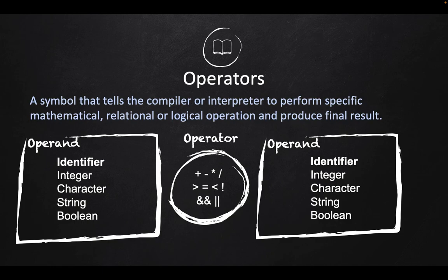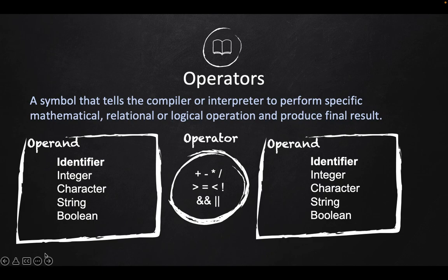The next basic building block is operators. I'm pretty sure you all have used some type of operators in your mathematics. So, in order to define it formally, you can say that an operator is basically a symbol that tells the compiler or the interpreter to perform some specific mathematical or relational or logical operation and produce a final result.